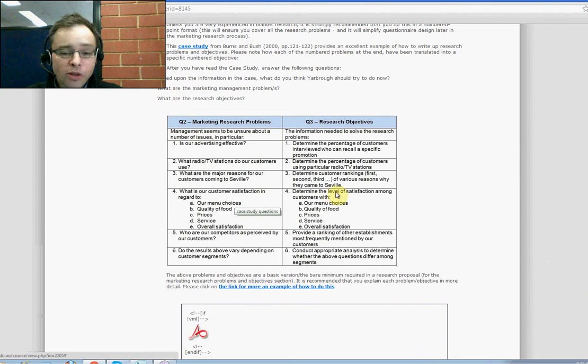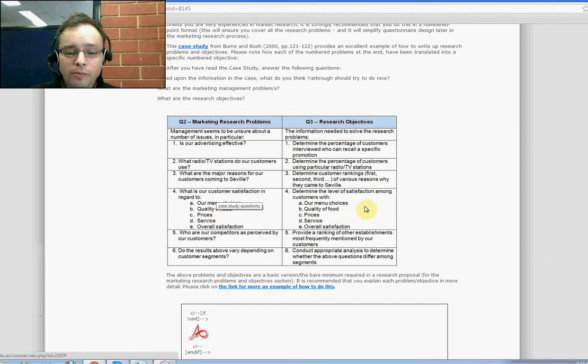If we can determine the level of satisfaction among customers with the restaurant's menu choices, the quality of the food, the prices, the service, then we can, as market researchers, go back to management and tell them exactly what customers think of all of these.